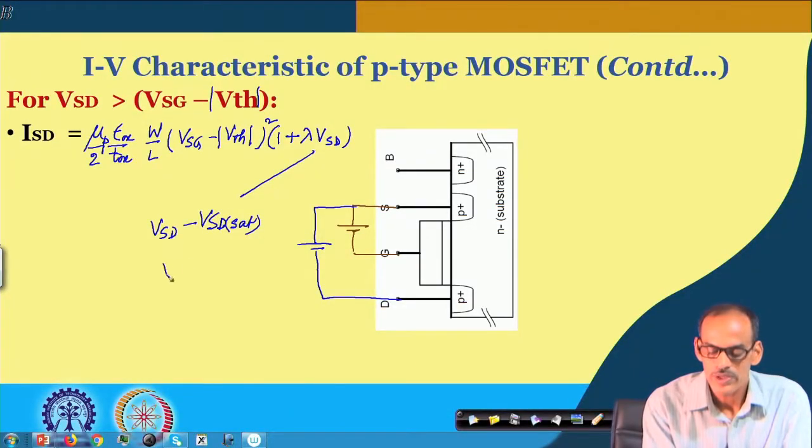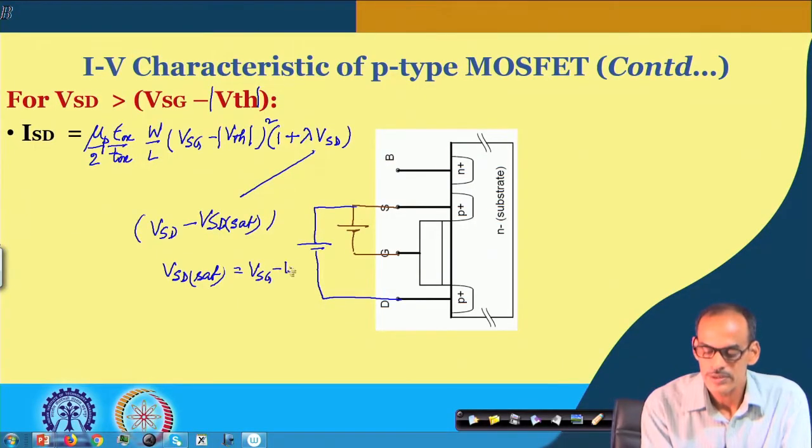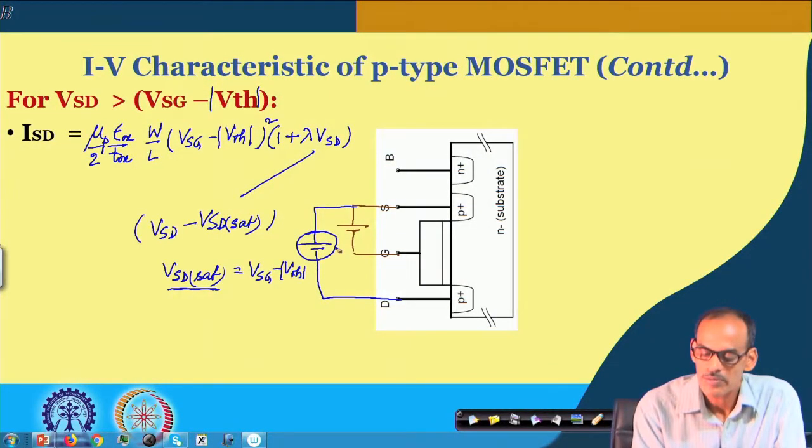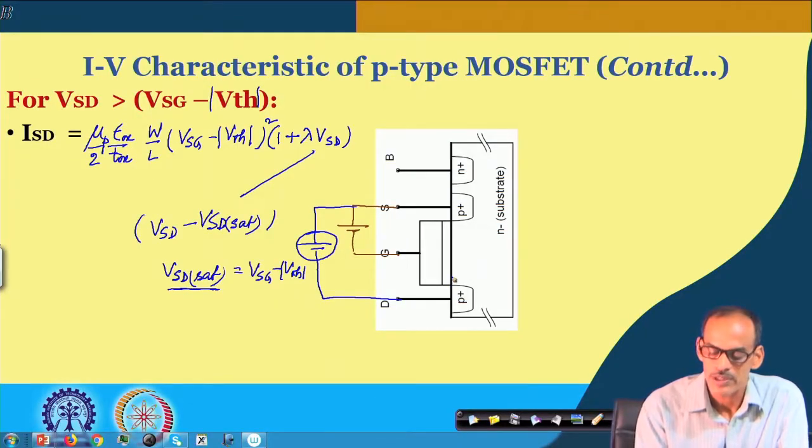where VSD sat equals VSG minus VTH. In fact, that is the value where the pinch off is happening. So, VSD sat is basically the source to drain voltage at which the pinch off is just happening.